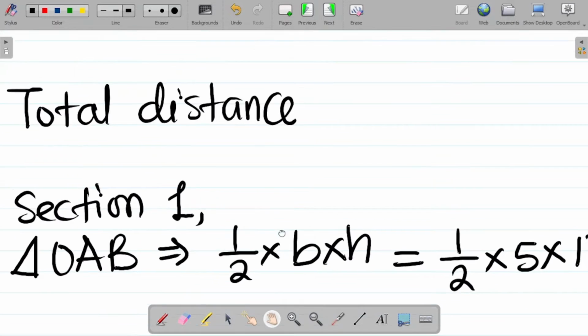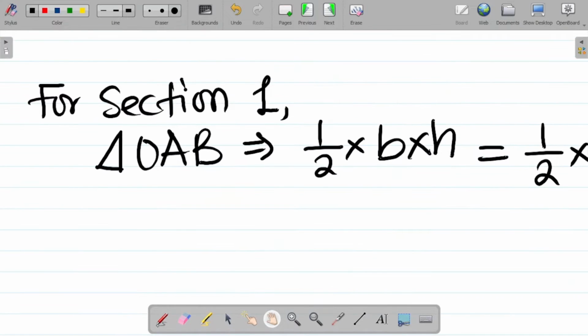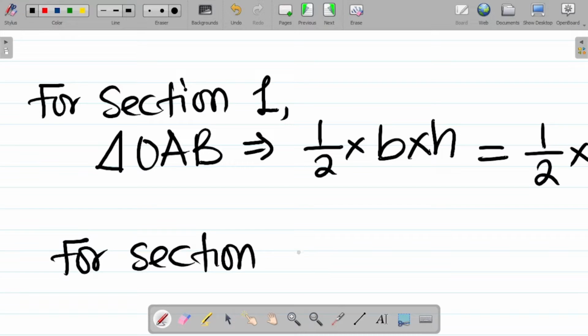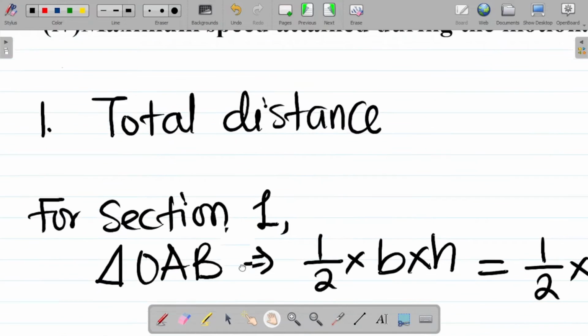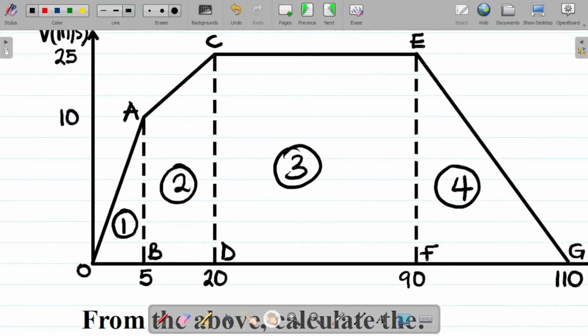For section 2, let's get the shape. For section 2, what shape do we have? The shape is this, and then this.